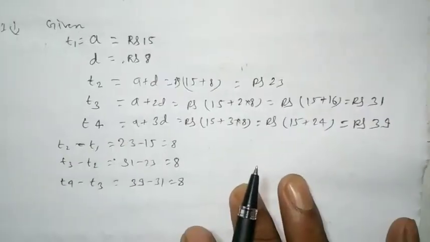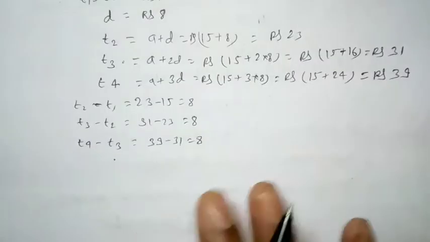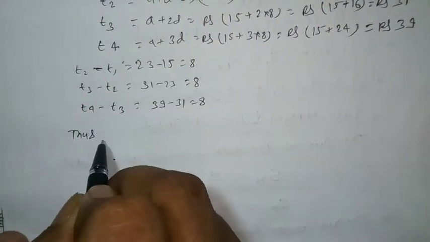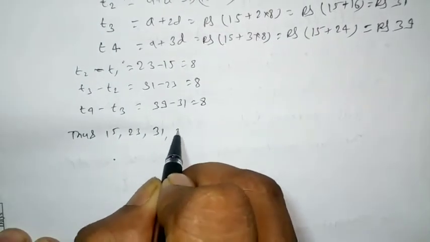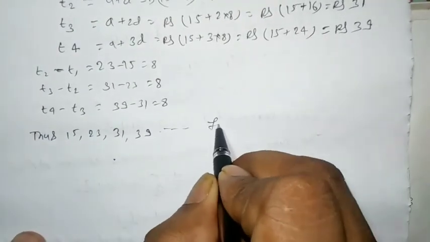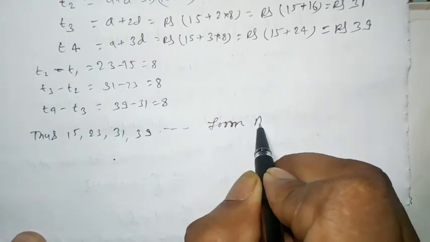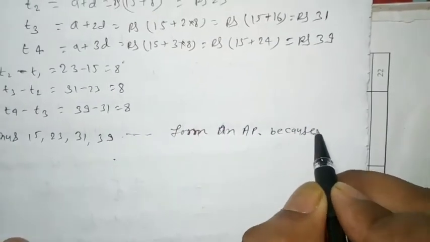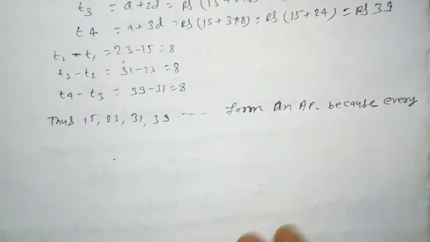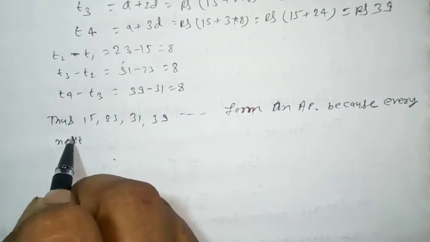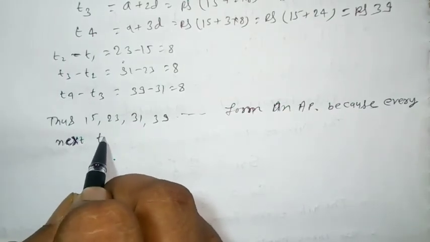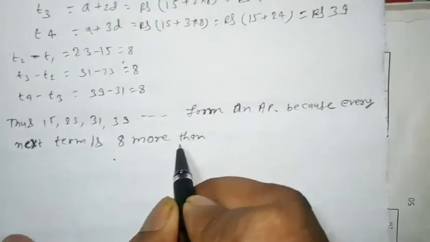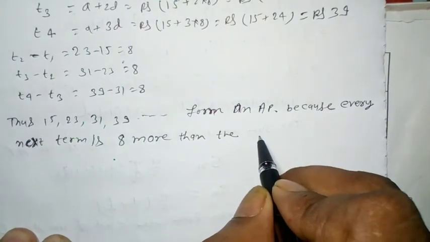So here we write that 15, 23, 31, 39, and so on form an AP, because every next term is 8 more than the preceding term.